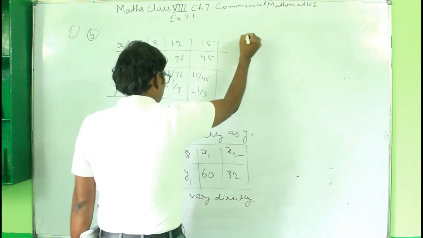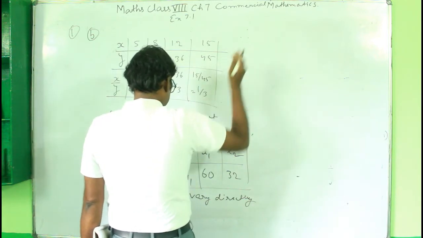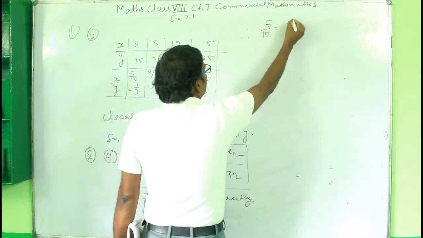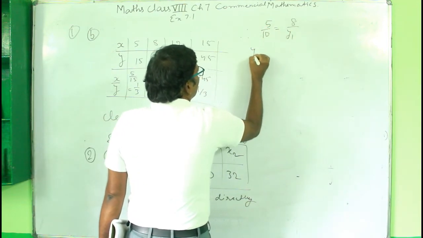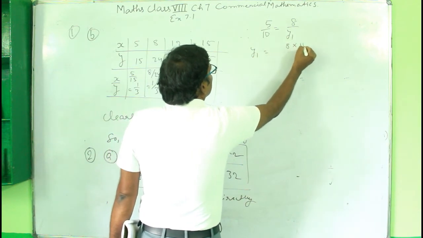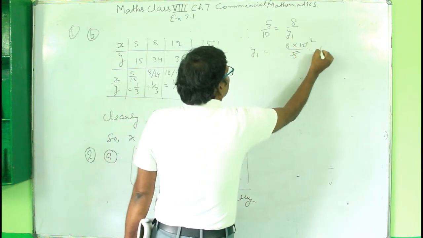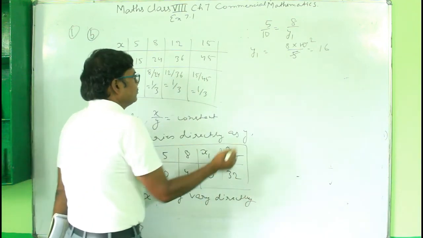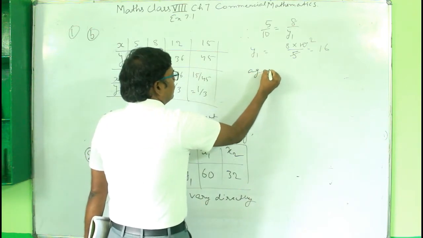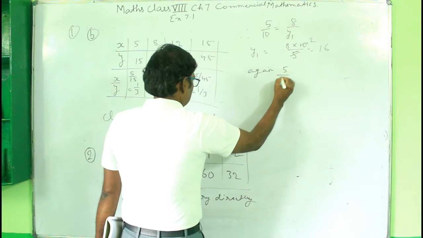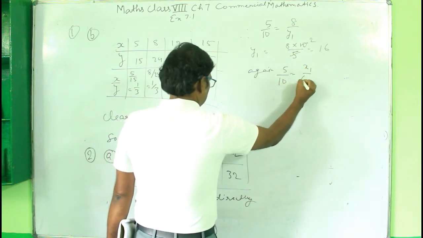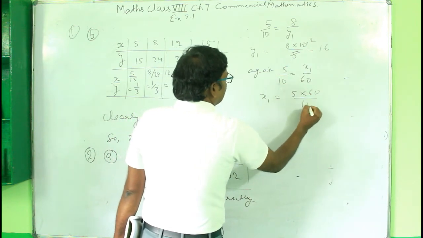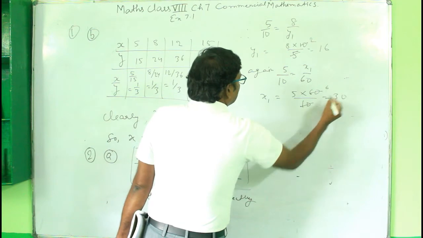Therefore you can write 5 by 10 equal to 8 by y1. Then y1 equals 8 into 10 by 5, that is 16. Similarly, 5 by 10 equal to x1 by 60, so x1 equals 5 into 60 by 10, that is 30.